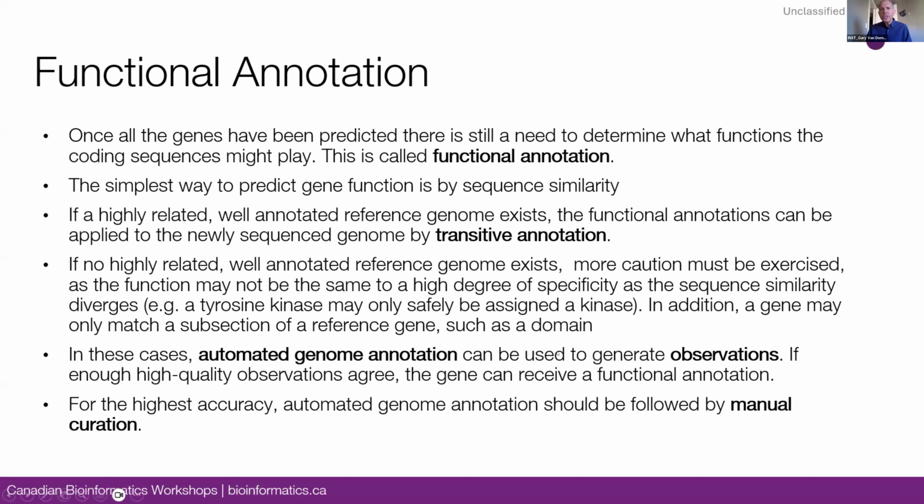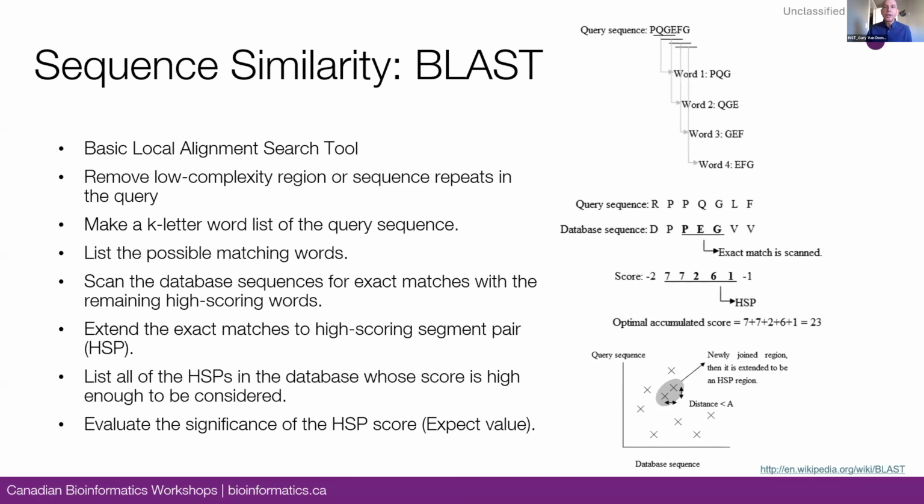And these automated genome annotation programs will typically incorporate a number of these different programs that will consider their observations jointly to try and describe an overall function and use that as the annotation for your newly sequenced and annotated genome.